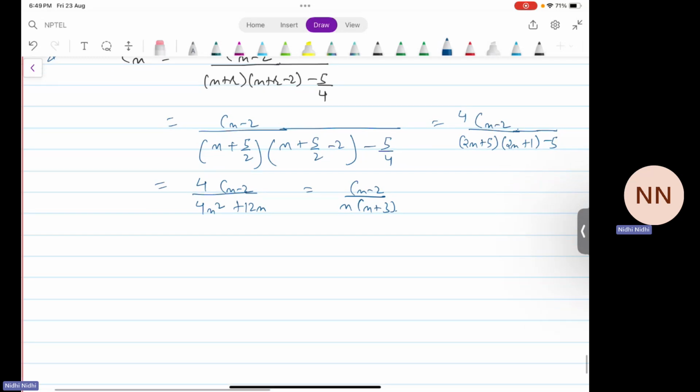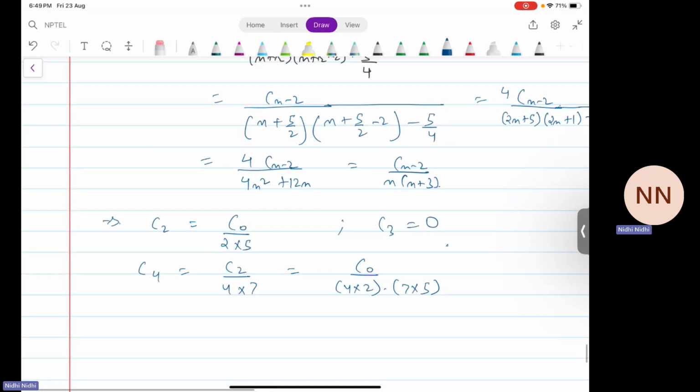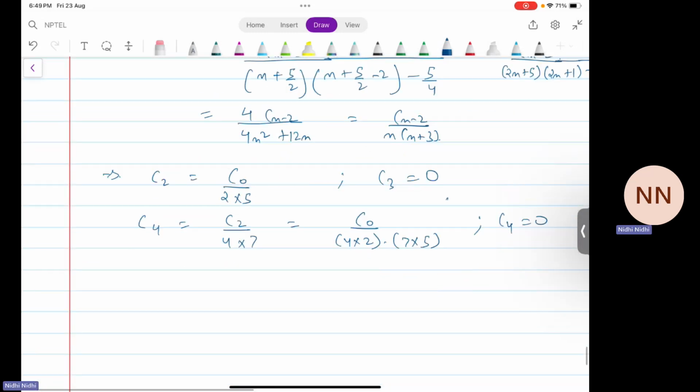So this gives us C2 is equal to C0 by 2 times 5, C3 is equal to 0, C4 is equal to C2 by 4 times 7, which is C0 by 4 into 2, 7 into 5. C5 would be 0.